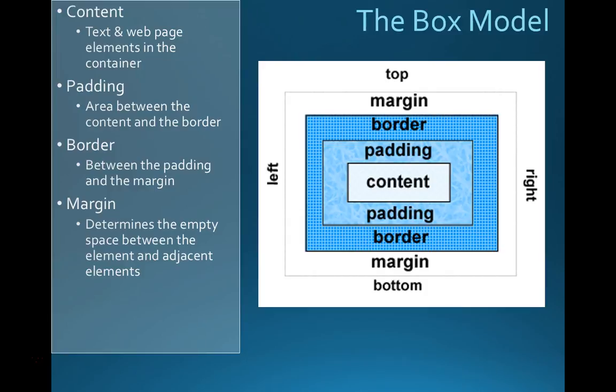Now, not all elements have the box model applied. Most elements don't have a border applied to them. Some elements don't have any margin associated with them. So it's just a matter of understanding the elements and what's applied by default.